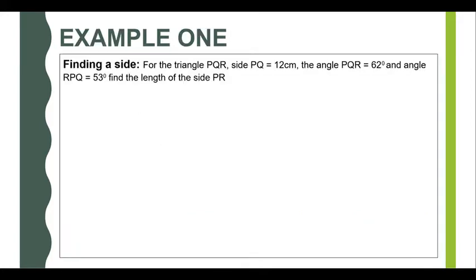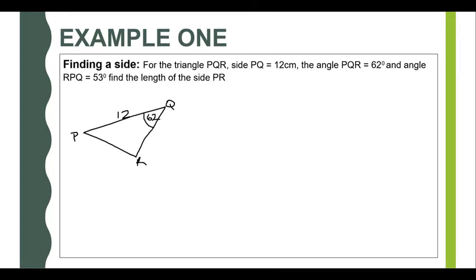To do these questions, we need to draw a diagram and label everything we know. So we have a triangle PQR. And we know that side PQ is 12. Angle PQR, so that angle at Q, the middle letter, is 62.